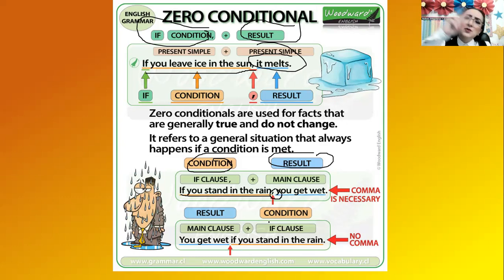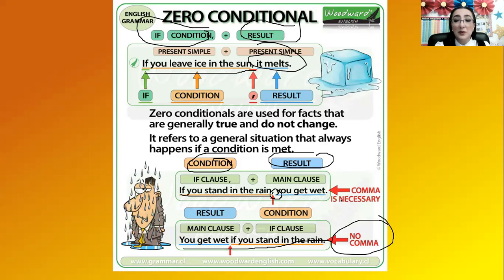But if you want to say the opposite, I mean, if you want to start with the result and then with the condition, the main clause and then your condition: you get wet if you stand in the rain. You are not going to be needing a comma.